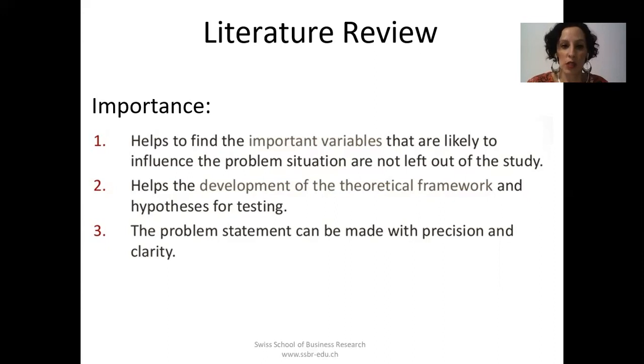Why is it important? The very first part that is important about a literature review is that it helps us define the important variables that will help us to identify or influence the problem, and make sure that we don't leave anything out of the study. It helps us to develop the theoretical framework and hypotheses for testing. You guys remember that we discussed this previously.